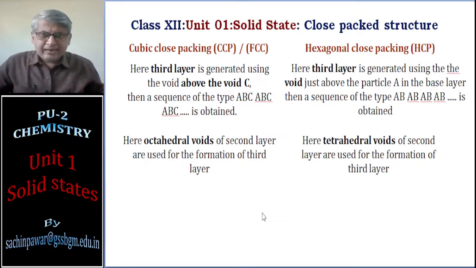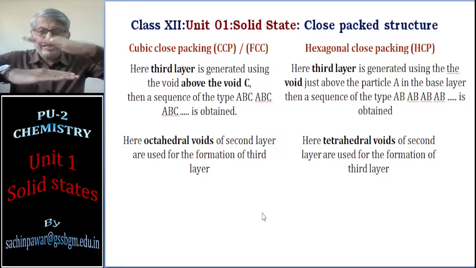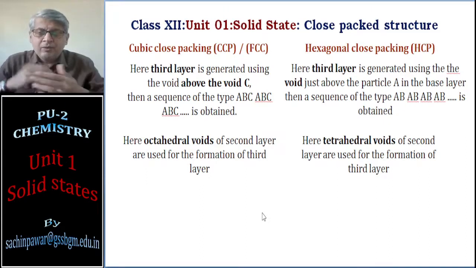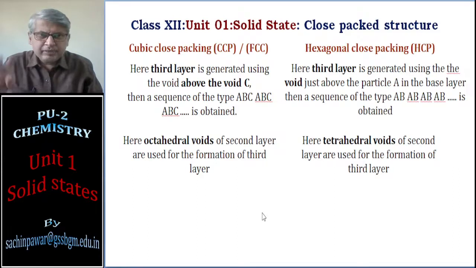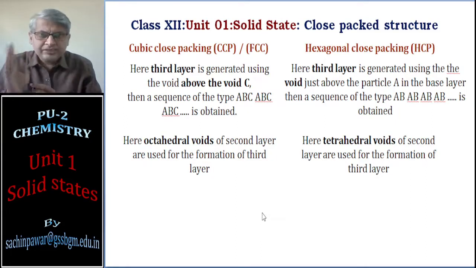You will get the entire plane of the crystal. Many such planes are placed one above the other, and we will get a three-dimensional arrangement. One-dimensional arrangement, coordination number is 2. Two-dimensional arrangement, if it is square close packing, coordination number is 4. If it is hexagonal close packing, coordination number is 6.